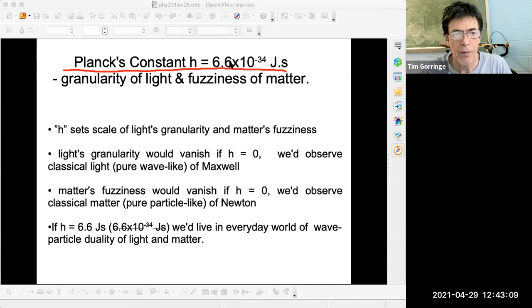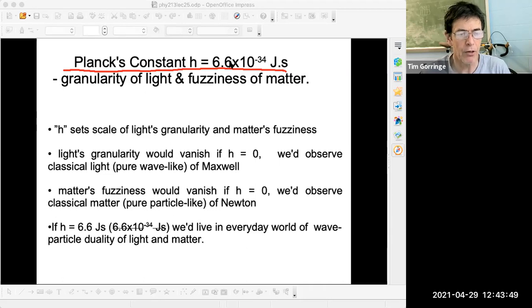And this number plays the essential role in this transition from classical physics to quantum physics, in that it sets the scale of the granularity of light, the photons of light, and it sets the scale of the fuzziness of matter, the wave-like properties of matter. When we were giving out jobs to all the different constants of nature, the job we gave to Planck's constant was to set the scale for light's granularity and matter's fuzziness.